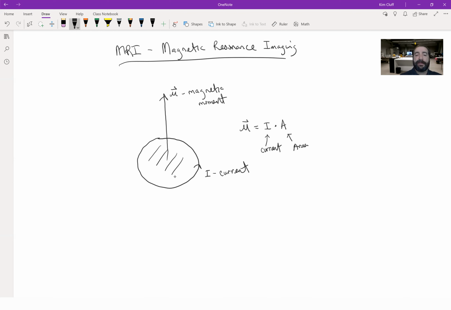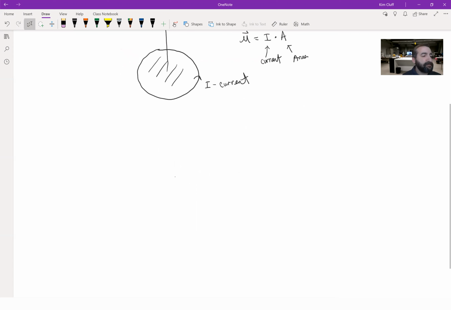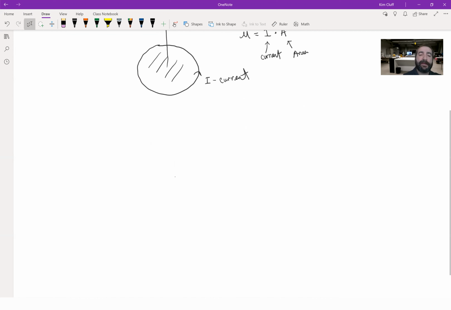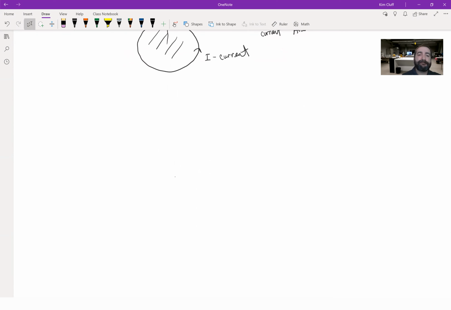Now, if we look at something like a hydrogen atom, you may not realize this, but atoms spin, and they also have charge.